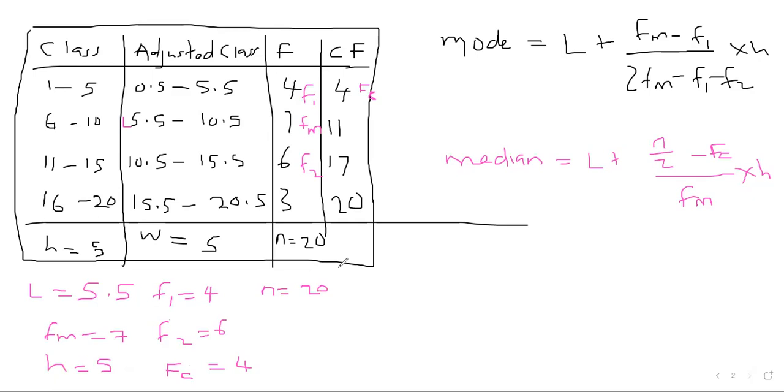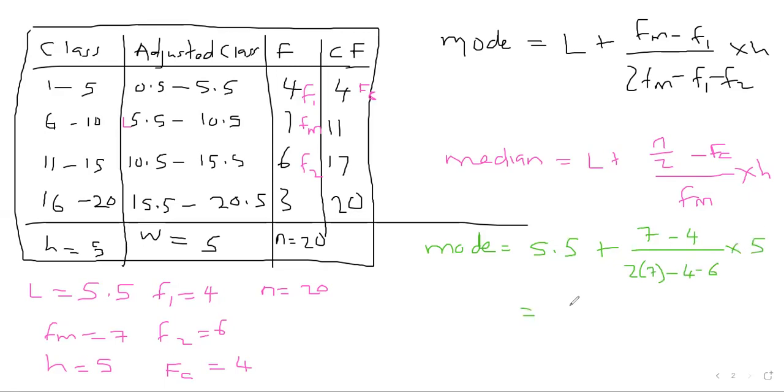So we'll just substitute in there. The mode therefore becomes: L is 5.5, plus Fm is 7, F1 is 4, so 2 times 7 minus 4 minus 6, times the height of 5.